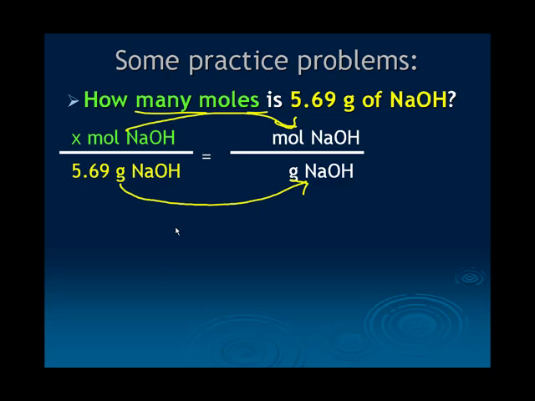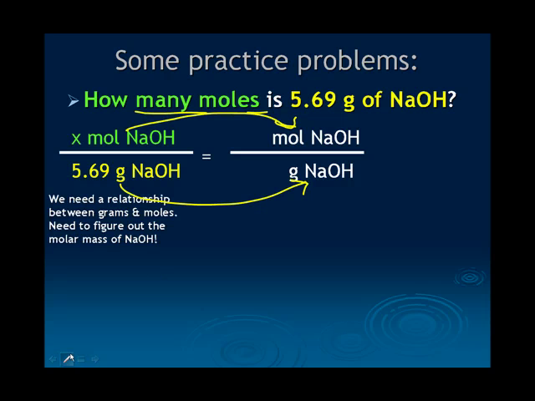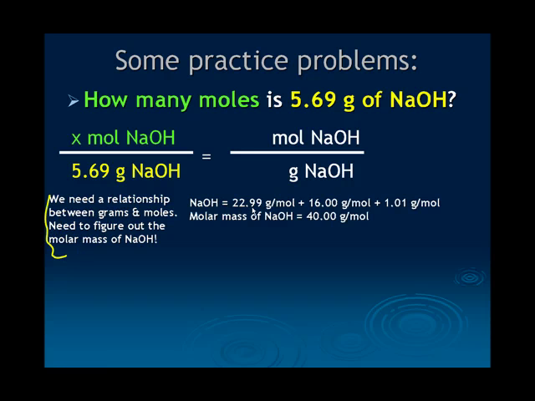Now, in order to fill out the numbers, I have moles and grams. We need to find a relationship between grams and moles, so we need to figure out the molar mass of sodium hydroxide. If we take our periodic table and add up sodium hydroxide, sodium's 22.99, oxygen 16.00, and hydrogen 1.01, you add this all up and you get 40.00 grams per mole.